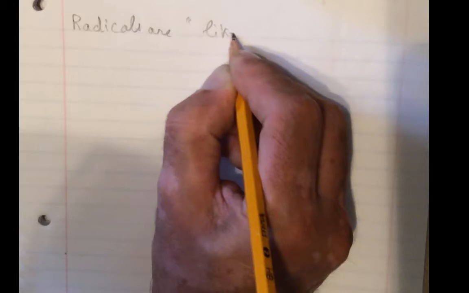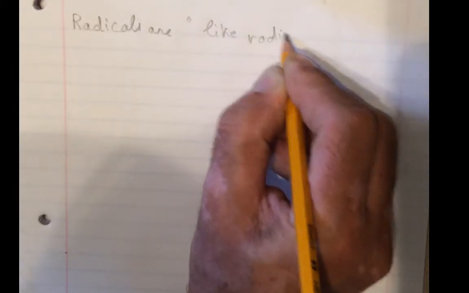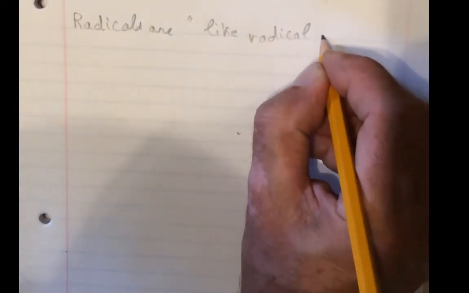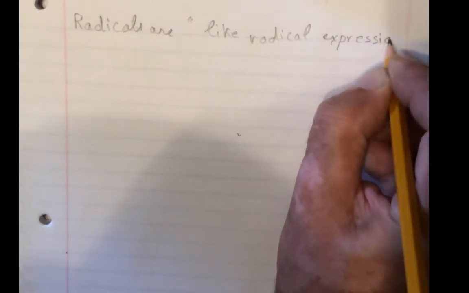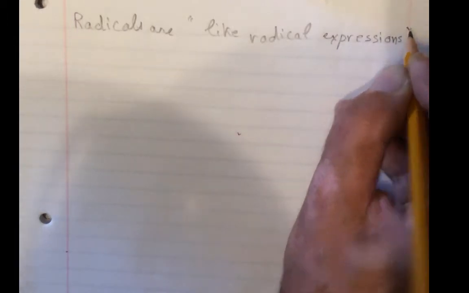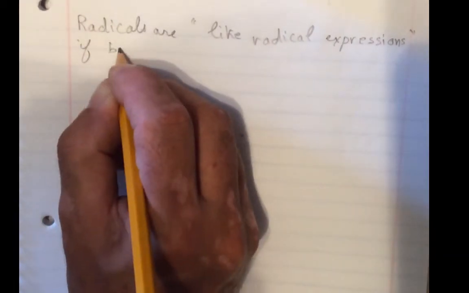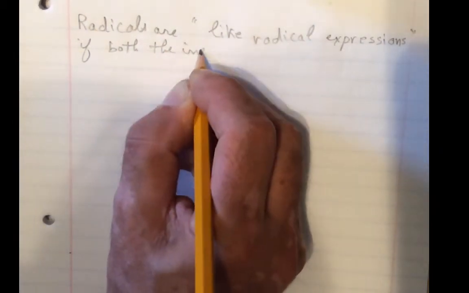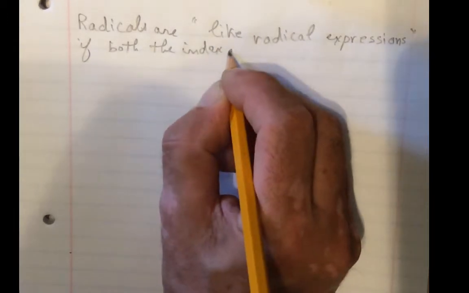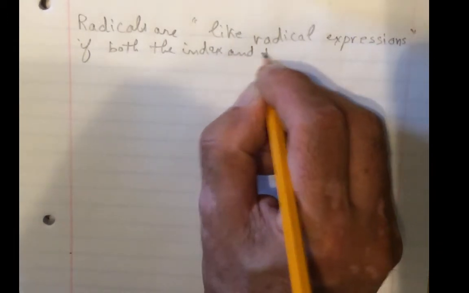So when are radicals called alike? Like radical expressions, we call them alike if both the index and the radicand are identical.